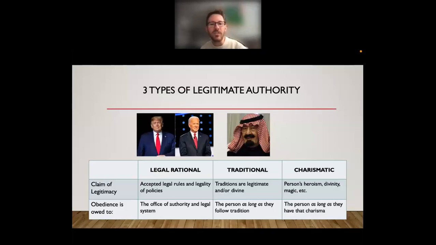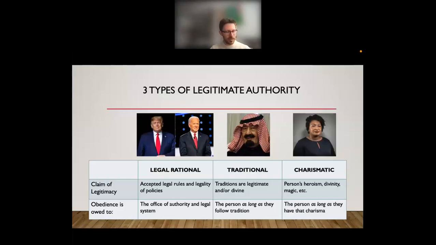Charismatic authority is based on a person's extraordinary heroism, divinity, magic, or character, and that they are able to lead based on that magical or extraordinary power. And as long as they have that charisma, they will retain that authority and people will follow them. One example is Stacey Abrams.